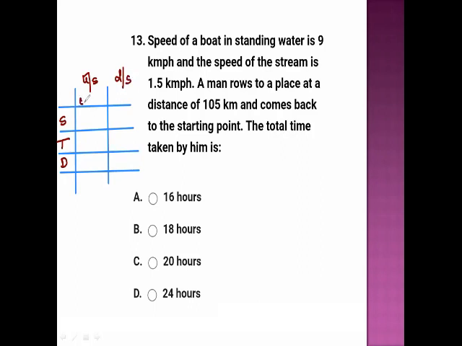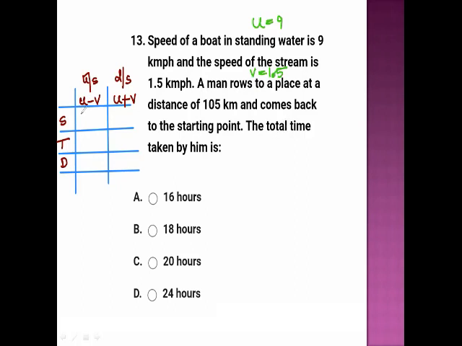This is always u minus v, and this is always u plus v. Now see here, the speed of the boat in standing water, u, is given as 9 kmph, and the speed of the stream, v, they have given as 1.5 kilometer per hour.